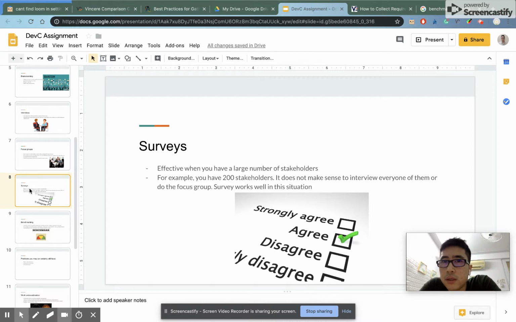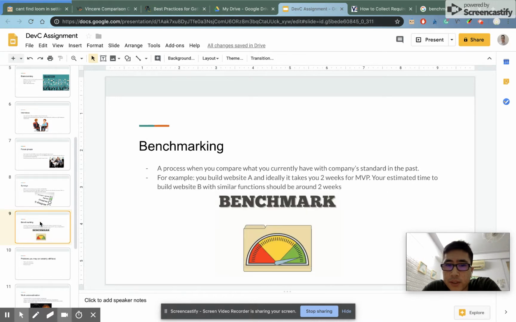So how about you start gathering the requirements by doing a survey? You can list out all the options that you think are possible, and you put the last option as other so people can input. From the survey, you can clearly understand what is the right thing to do, and you will keep moving.